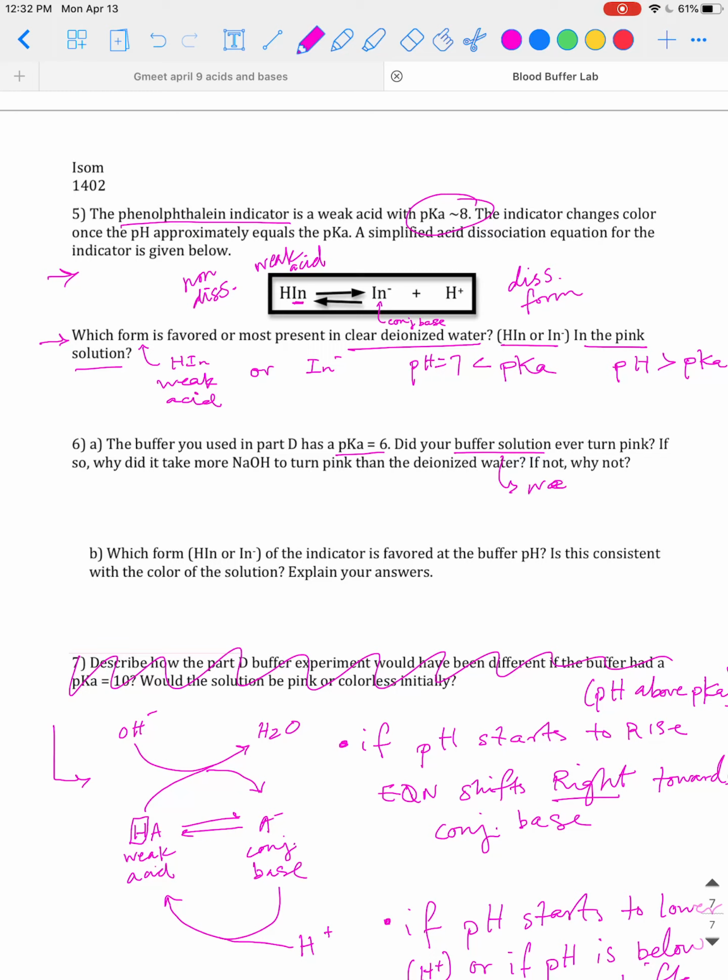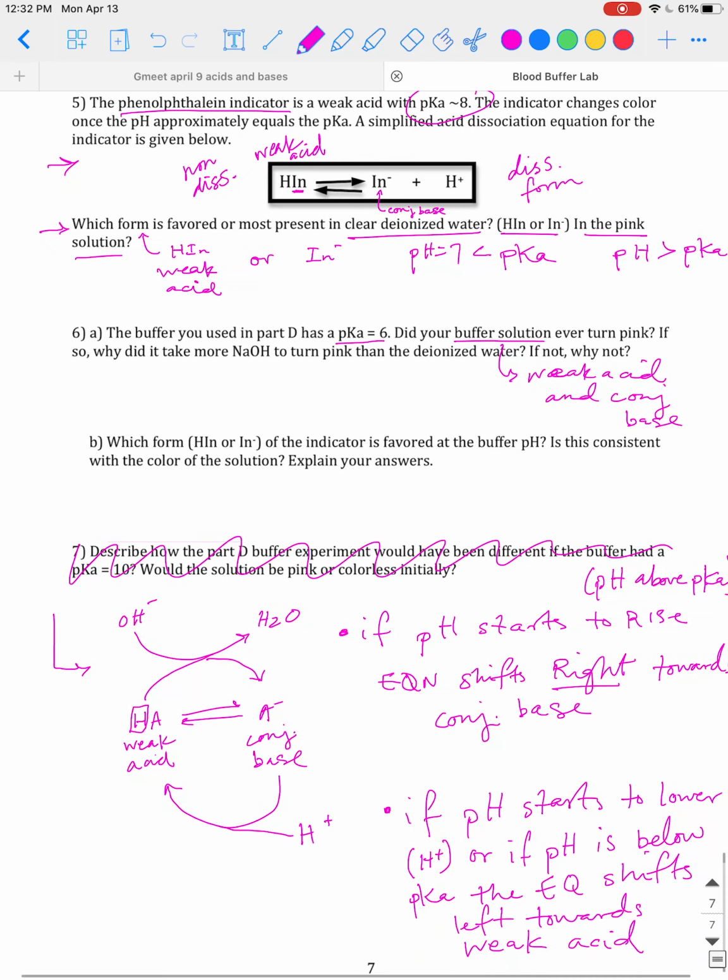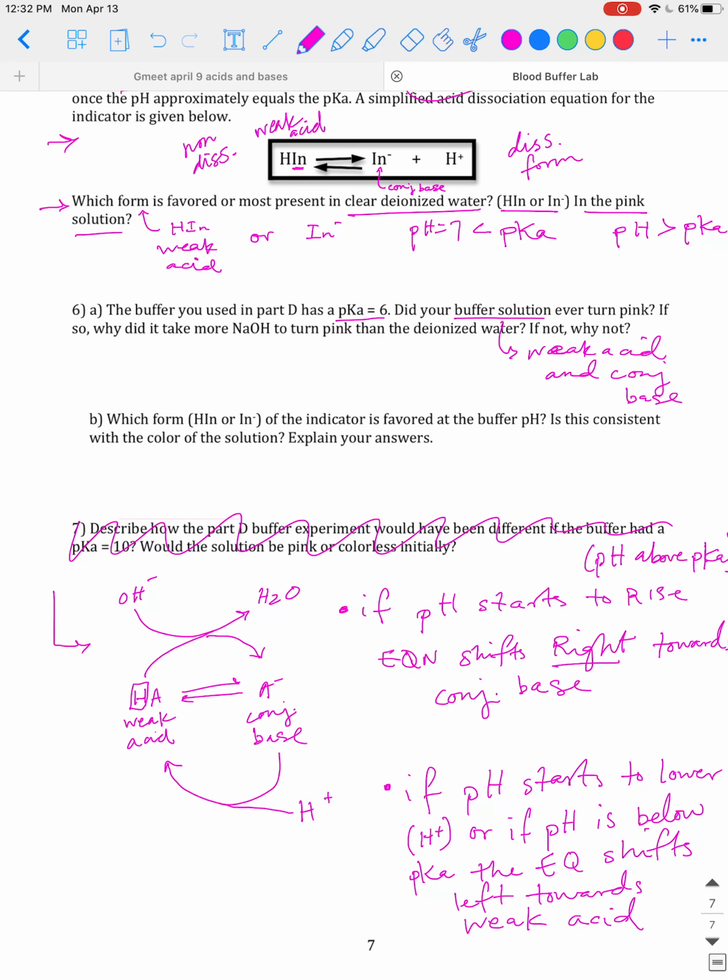In a buffer solution, we have weak acid present and conjugate base. We have both. How could the fact that these two are already present affect the addition of NaOH and how much we needed to turn the solution pink, if it ever did?